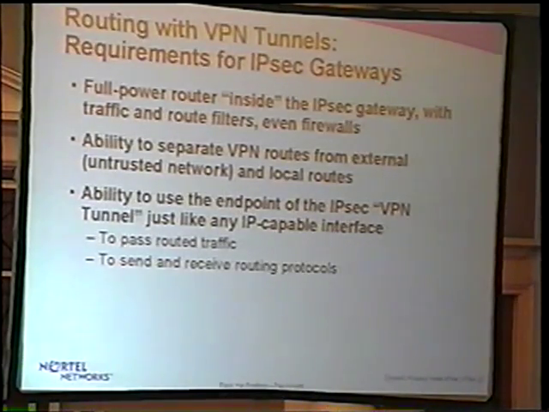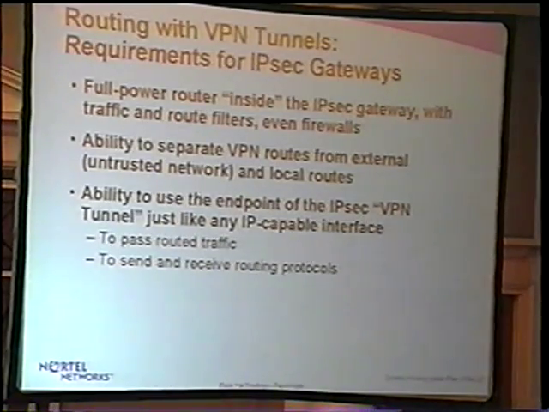You need to be able to separate the VPN routes from the external routes. So you've got to manage really a couple of routing tables. You'll be receiving some routes from the public network. If you're, say, multi-homed to the internet, you need to be getting those routes, but you need to make sure you're keeping those separate from the routes that you learn through your routing protocol, through IPsec.